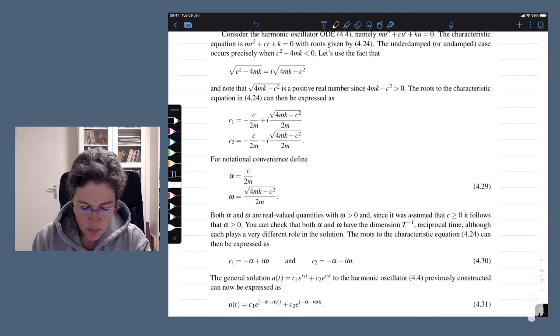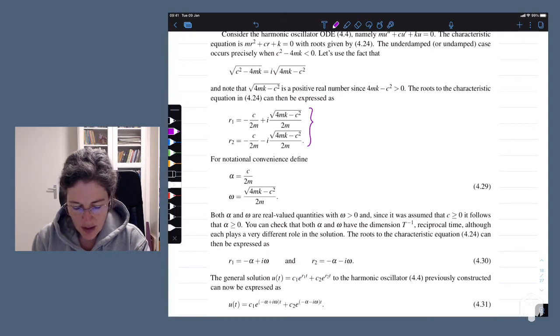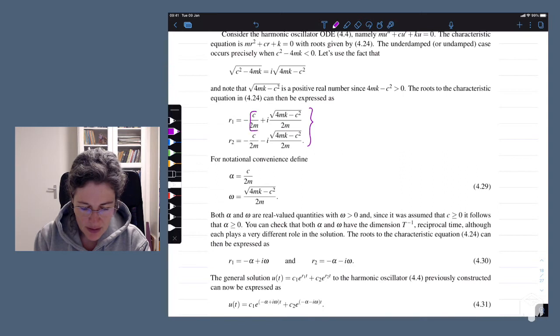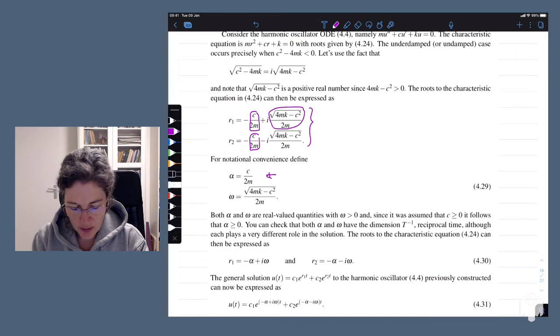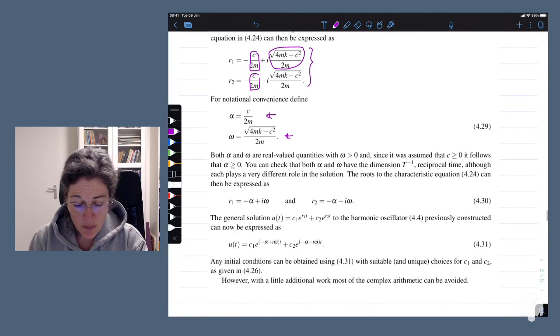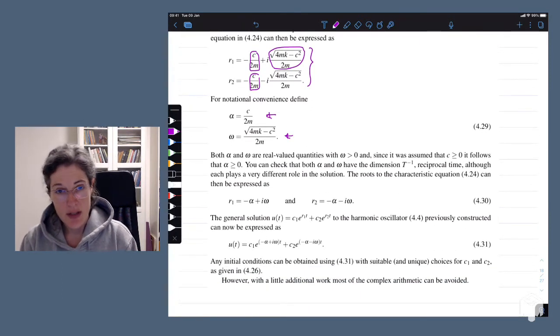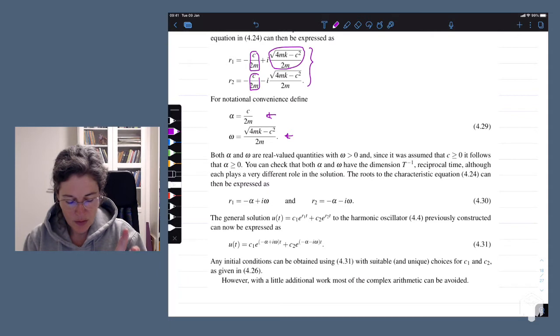So we have our roots that we know how to find, and it's going to turn out to be convenient to define this first term in each of the roots, c over 2m, as alpha, and this part of the term in each of the roots as omega. So both of those are real valued quantities, because you can see straight from there.